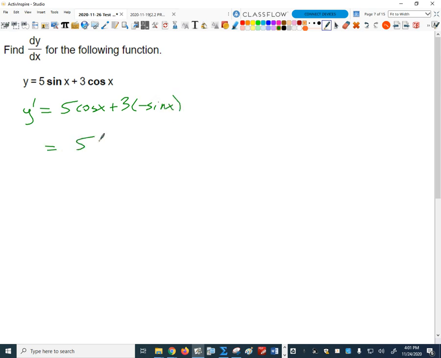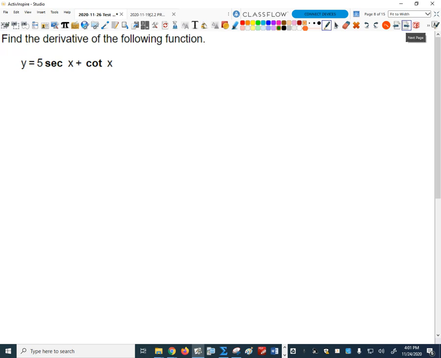And so I just get 5 cosine x minus 3 sine x. Okay, same kind of thing for secants and cosecants and tangents and all that stuff. Here we just get y prime equals 5 times the derivative of secant x, which is secant x tangent x. And then the derivative of cotangent x is negative cosecant squared x. And you just need to know all those derivatives, all 6.